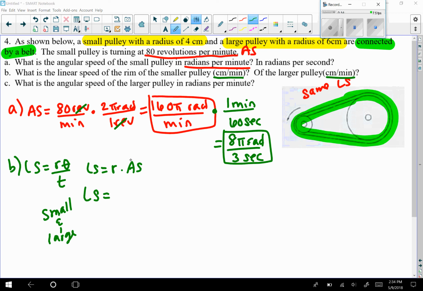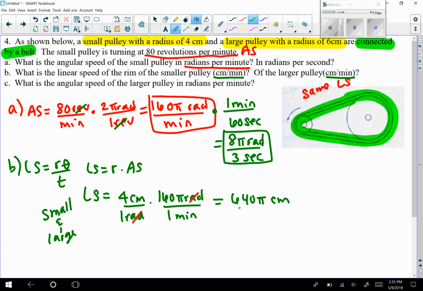So the linear speed equals 4 centimeters, so that's the radius, over 1 radian, times 160 pi radians per 1 minute. And then we're going to cancel out our radians. So when I multiply this out, I get 640 pi centimeters per minute.